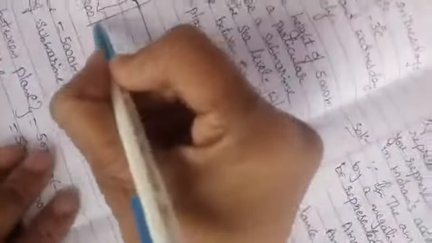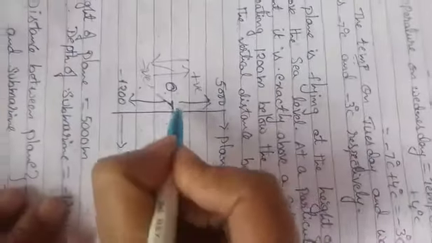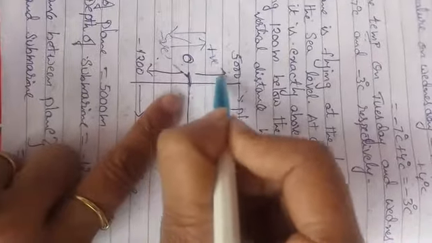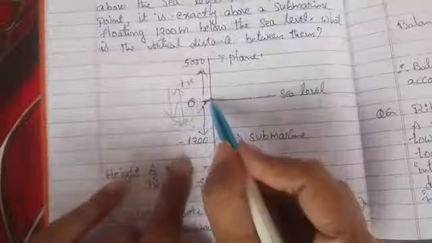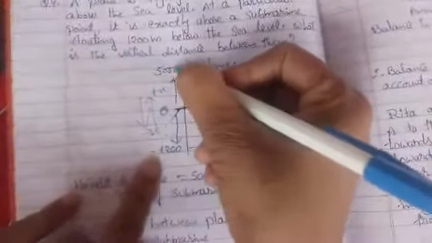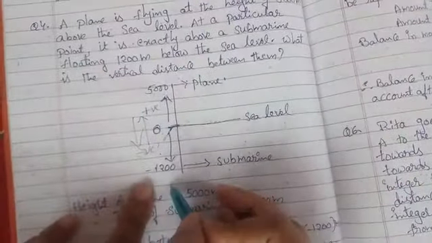When we turn this page like this, this is 0, and to the right side of 0, these are positives, and to the left side of 0, these are negatives. So the plane from 0 to 5,000 is positive, and that 1200 is negative. We can consider that we have to move right to left, so we have to subtract them.